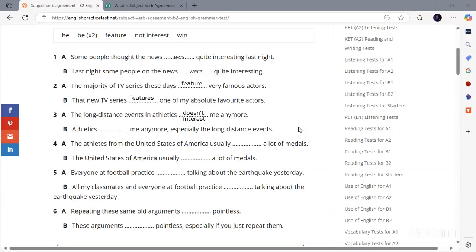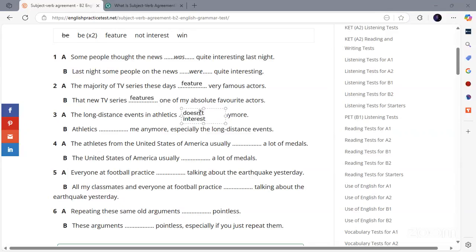Let it be. Athletics don't interest me anymore. Uh-oh. Athletics, sorry, I got confused. It's done. The first one is done.